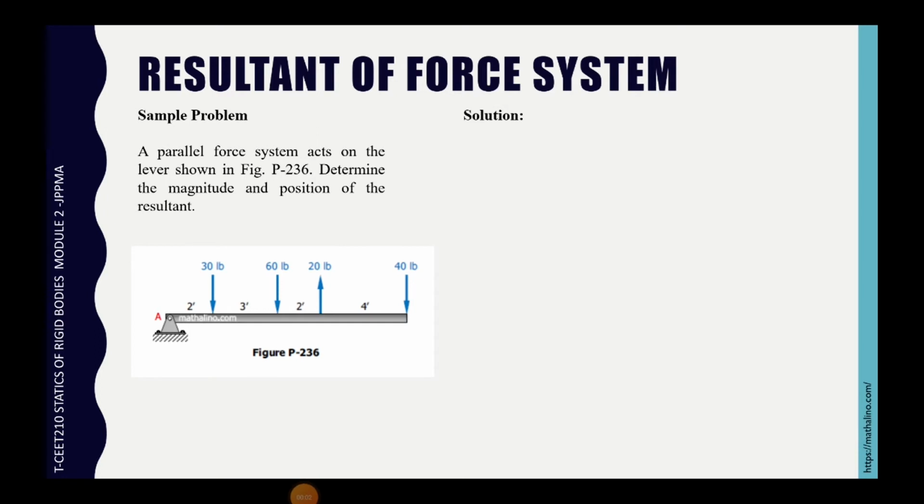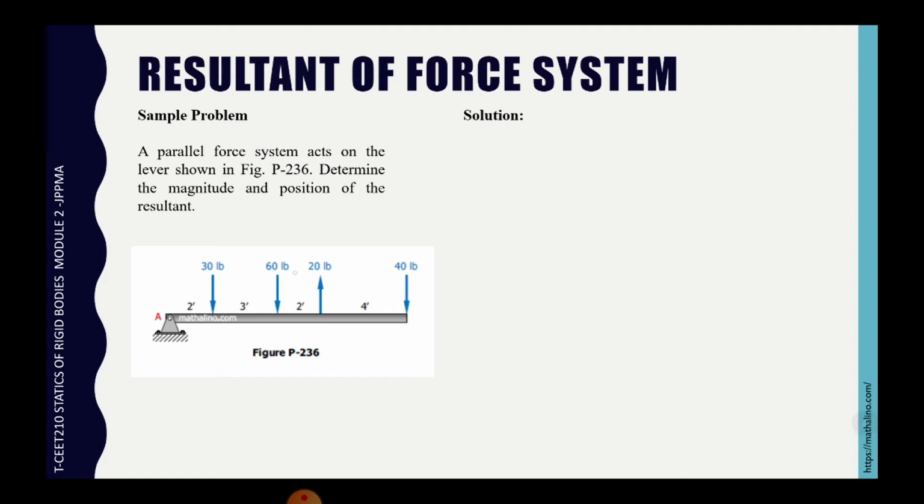For this sample problem, a parallel force system acts on the levers shown in the figure. Determine the magnitude and position of the resultant. Given that, di natin alam kung saan yung location ng resultant.